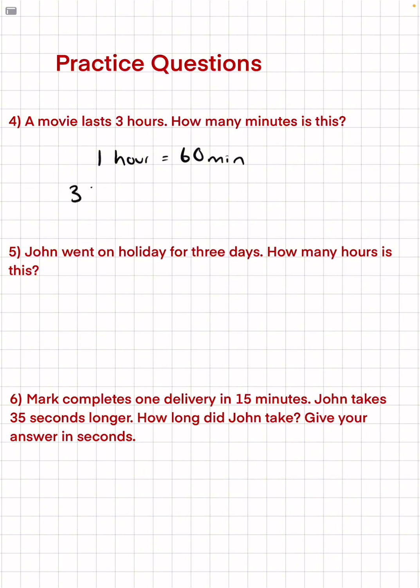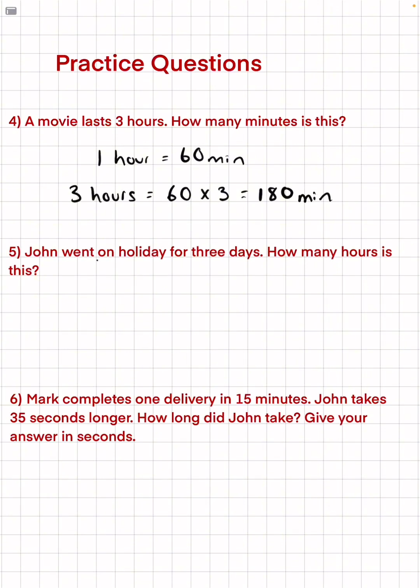So 3 hours will be 60 multiplied by 3. So we're going from big units to smaller units, so we multiply. 60 times 3 equals 180 minutes.